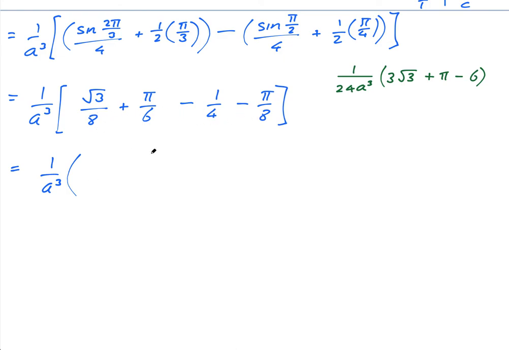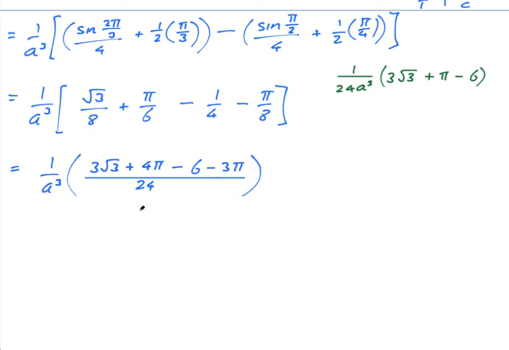So I need a common denominator here, and that's 24. Nice, because that's a 24 here. So let's put the 24 here for now. And then this is 3 root 3. This is 4 pi, because this times 4, obviously. This is 6, and this is minus 3 pi.